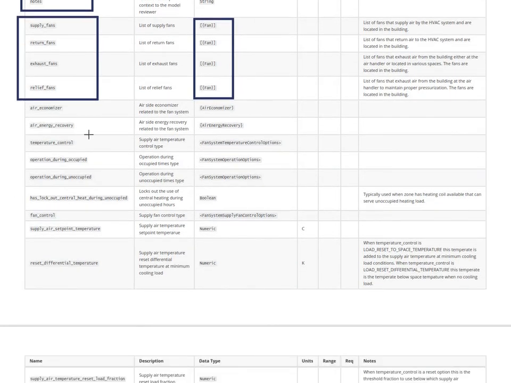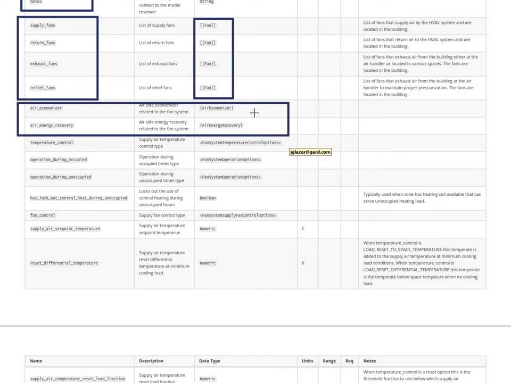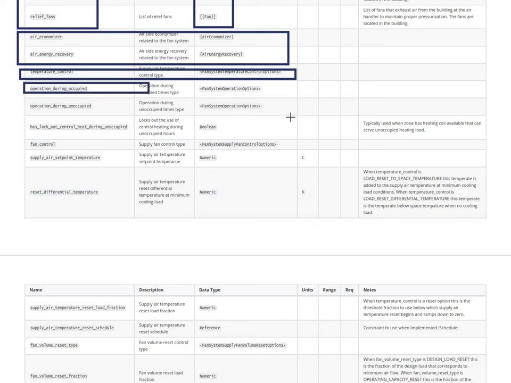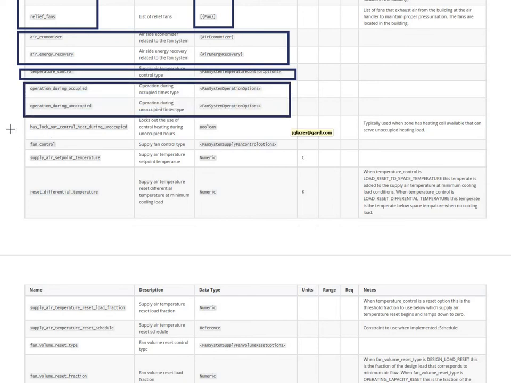The next 2 data elements are the AirEnergyRecovery and AirEconomizer, and those are referencing 2 new child data groups that we'll be talking about in a minute. And then there's a temperature control. This is an enumeration. We'll talk about that also in a few minutes. Operation during occupied and unoccupied actually use the same enumeration.